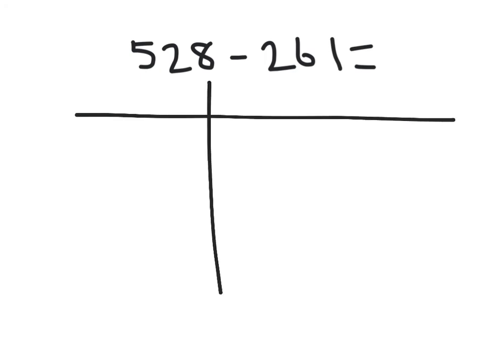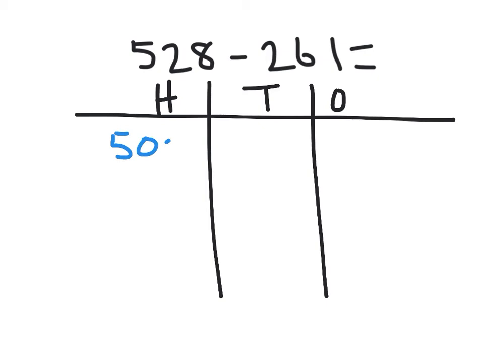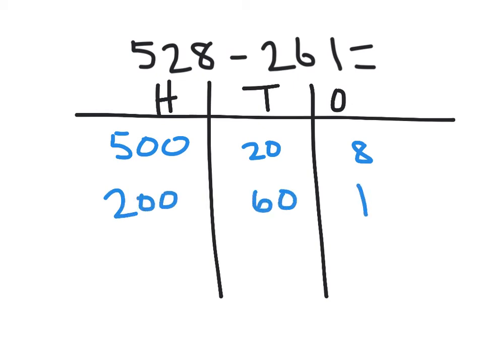528 minus 261. So hundreds, tens, ones, right? And then we write it out. We're going to write 500 and 20 and 8. And then we write out 200 and 60 and 1.